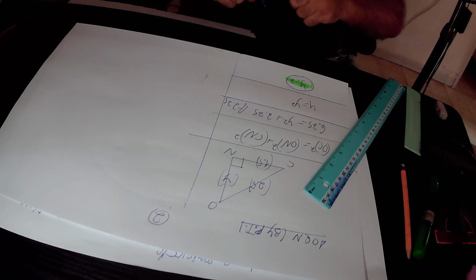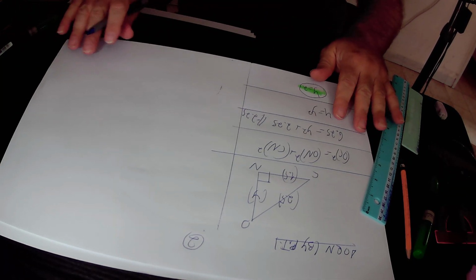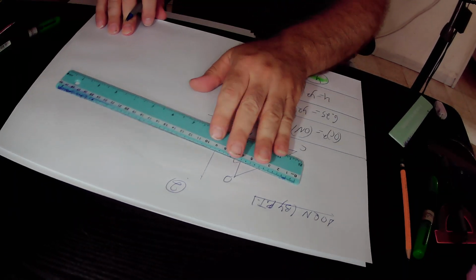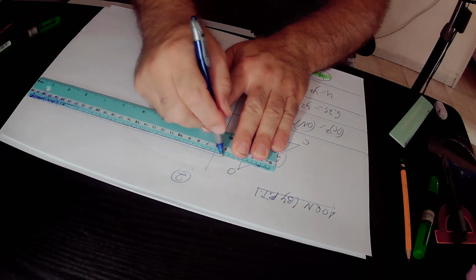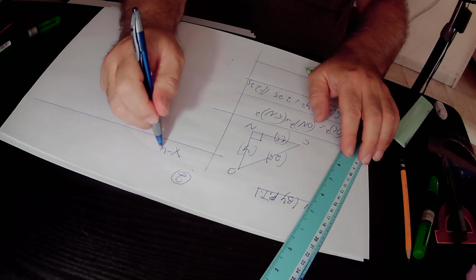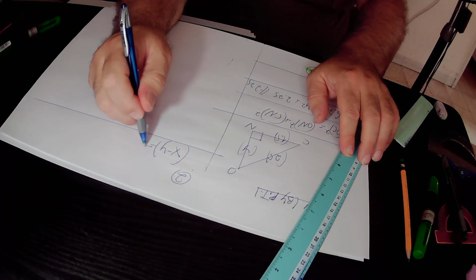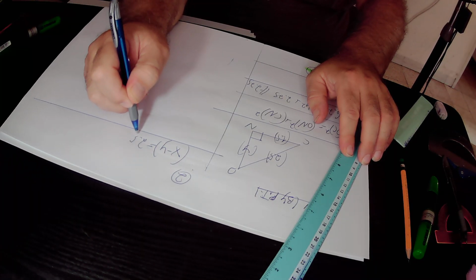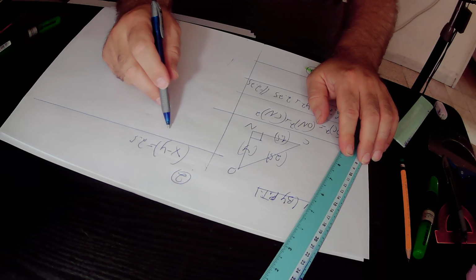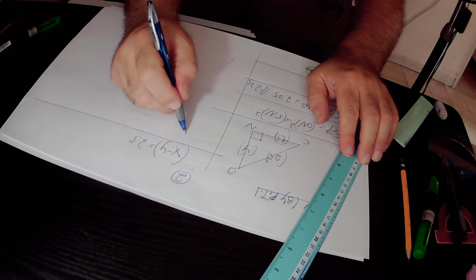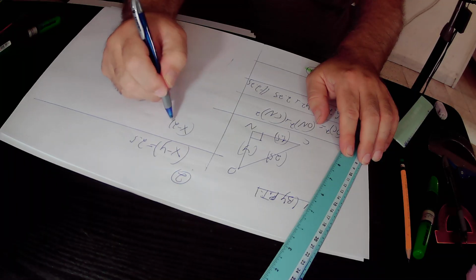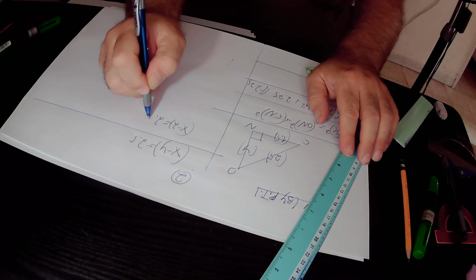We have only found out that x minus y equals 2.5, but y is 2, therefore x minus y is x minus 2, equals 2.5.